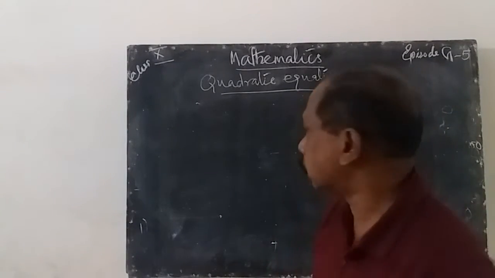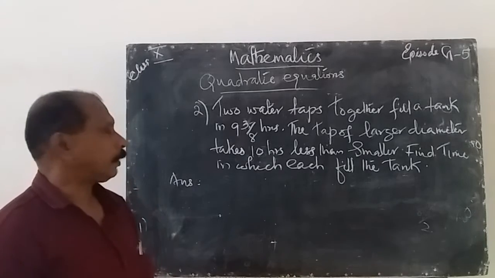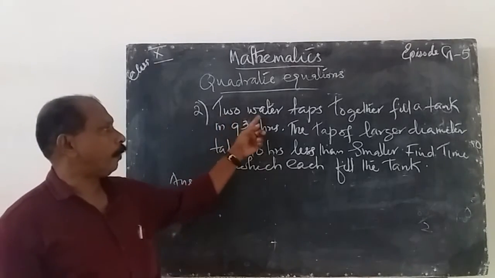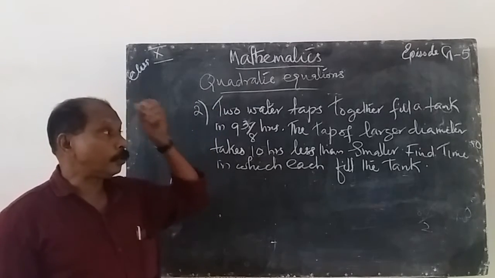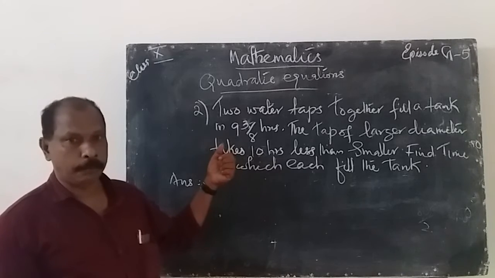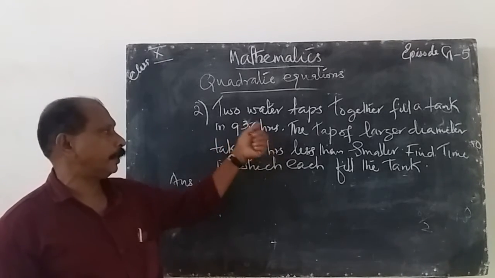Then let us consider the second question. Two water taps together fill a tank in 9 and 3 by 8 hours. It is also a word problem.